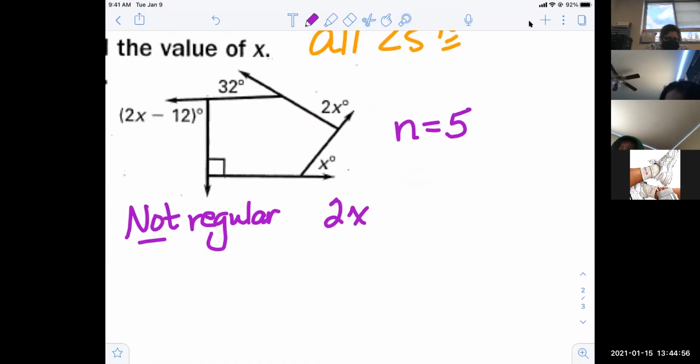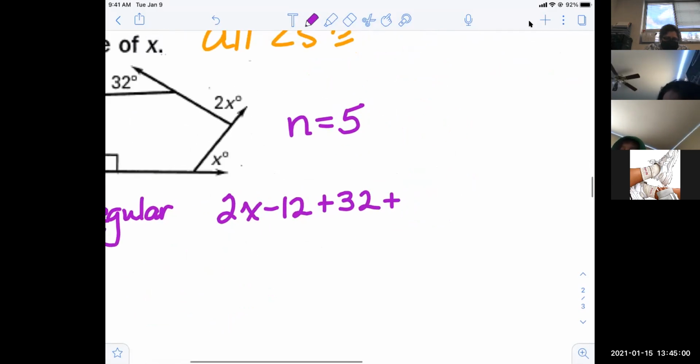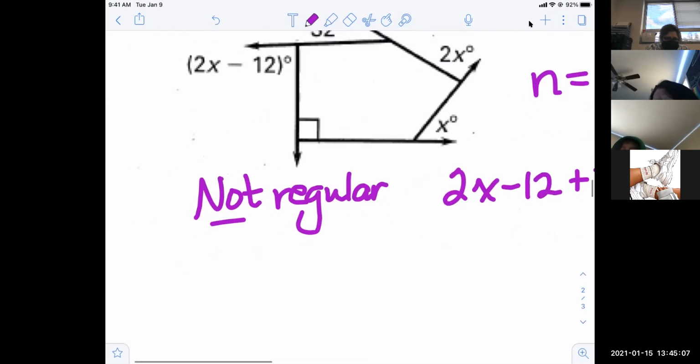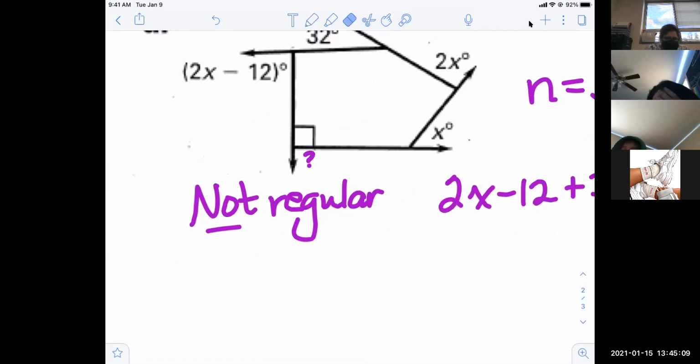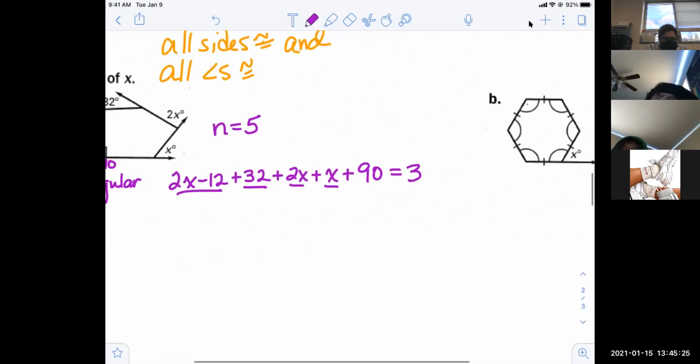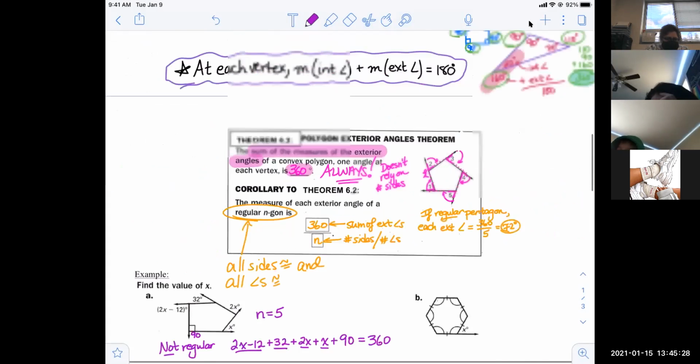2x minus 12, 32, 2x, x, and what would be the exterior angle down here? 90. Make sure you don't forget. If it's a pentagon, there's going to be 1, 2, 3, 4, 5 angles. Now, when I add that up, what does it add to? 360. Why is this one different than the one up here?